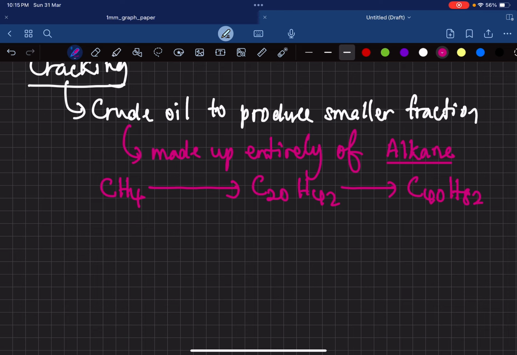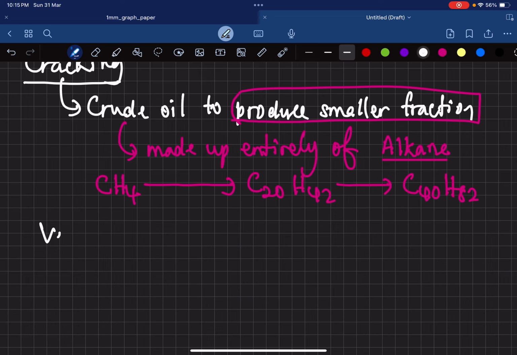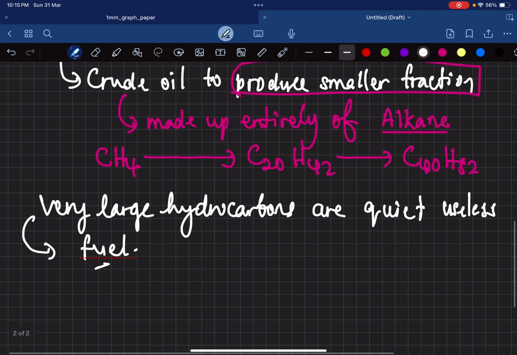Cracking is a process that is done to produce smaller fractions, smaller parts, because very large hydrocarbons are quite useless. So we need to make them smaller. When you break them into smaller parts, we can use them as fuel. This is what cracking is all about.